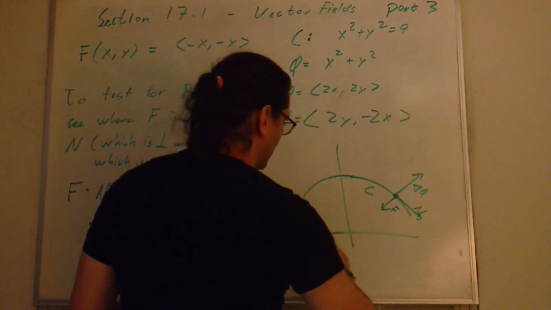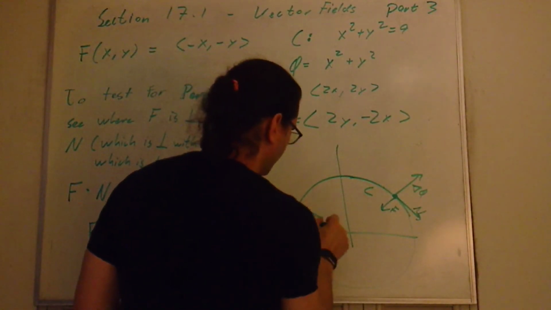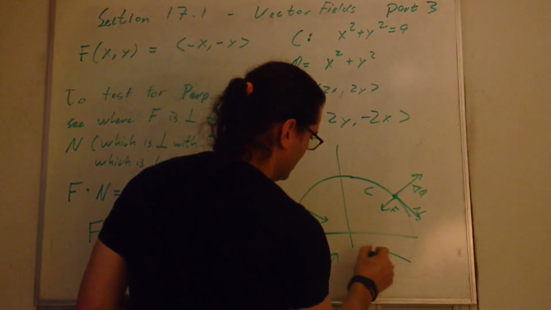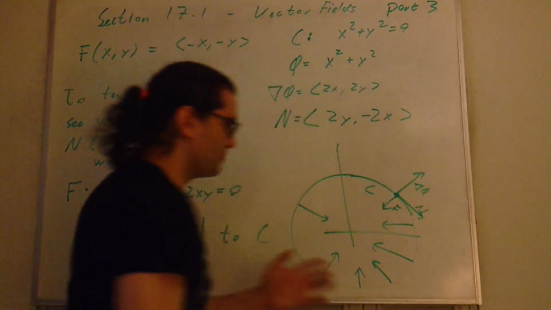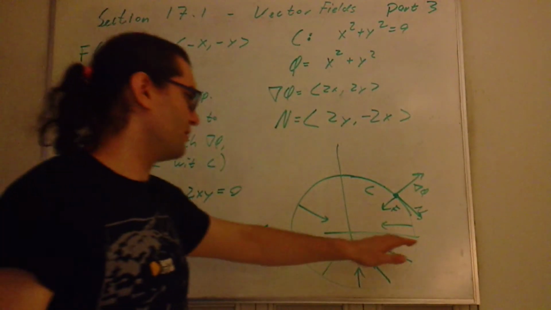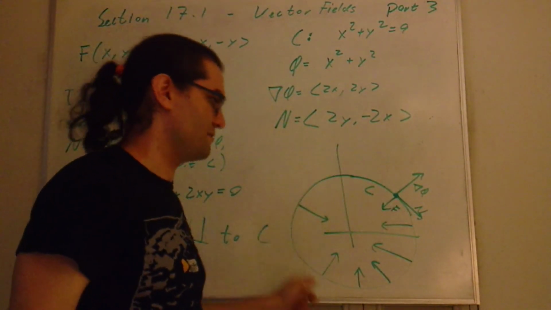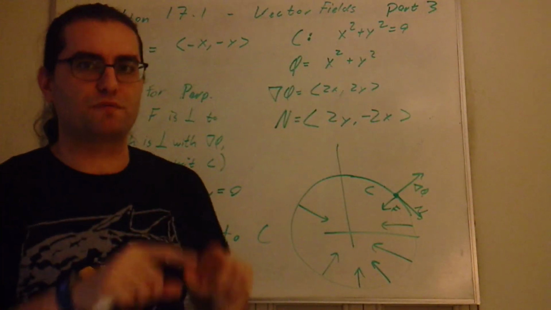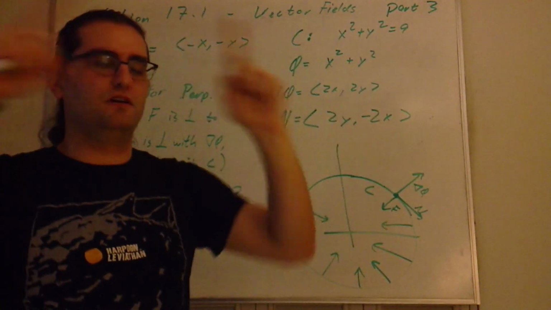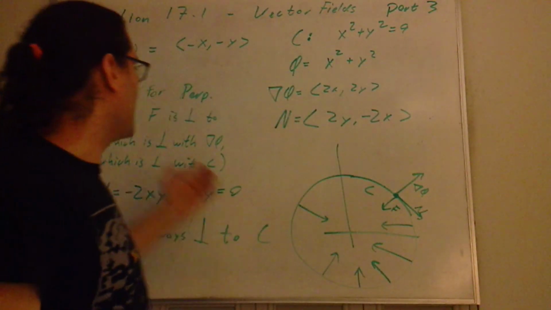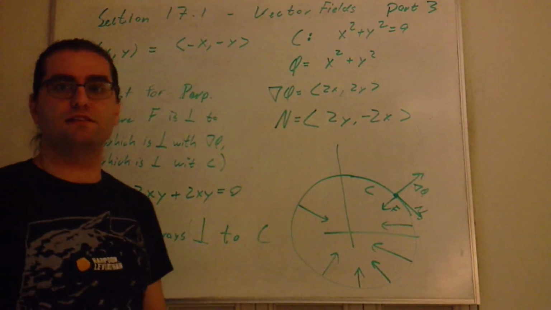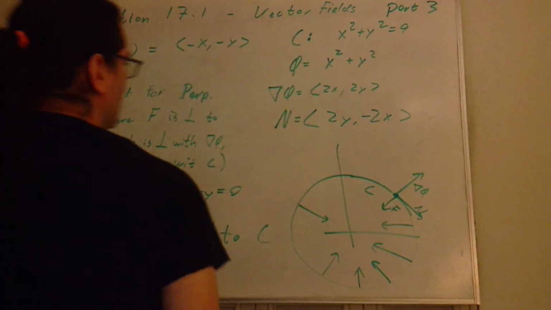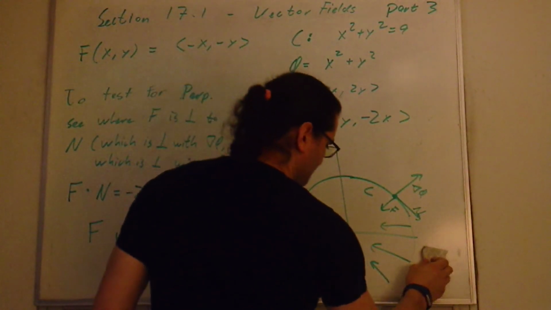C goes around, F always points straight inwards. The implosion vector field is always perpendicular to a circle around the origin. But now we've proven it mathematically, and it has given us the tools to be able to do this on other problems.